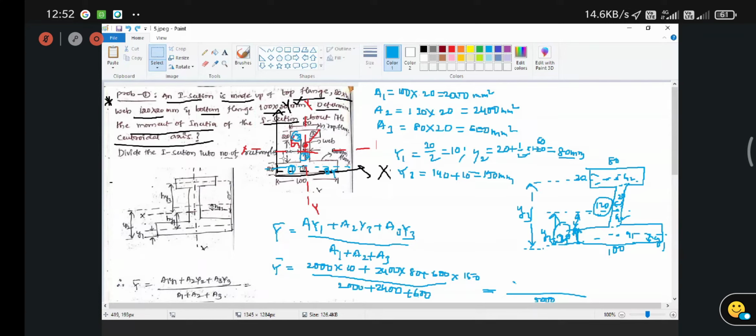This is 100 by 20, and this is 120 by 20, and from here to here it is 80 by 20. So area 1 is, I think, correct only.